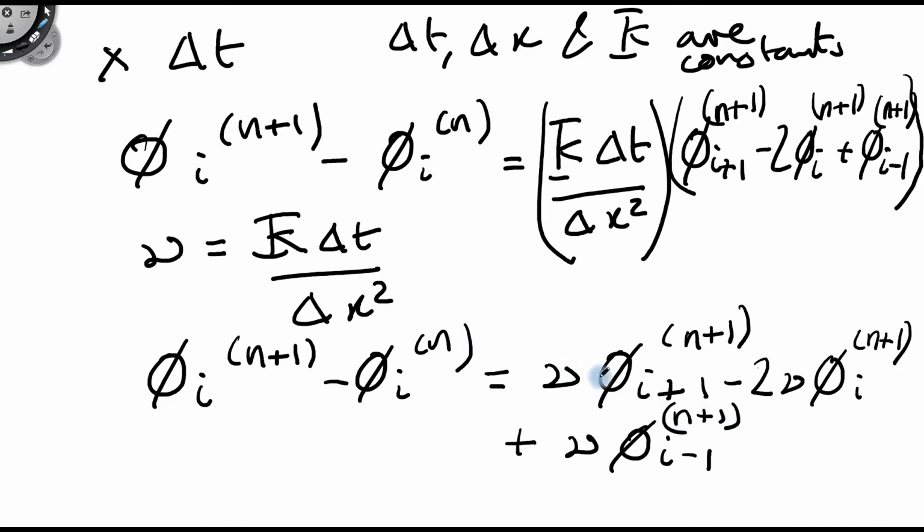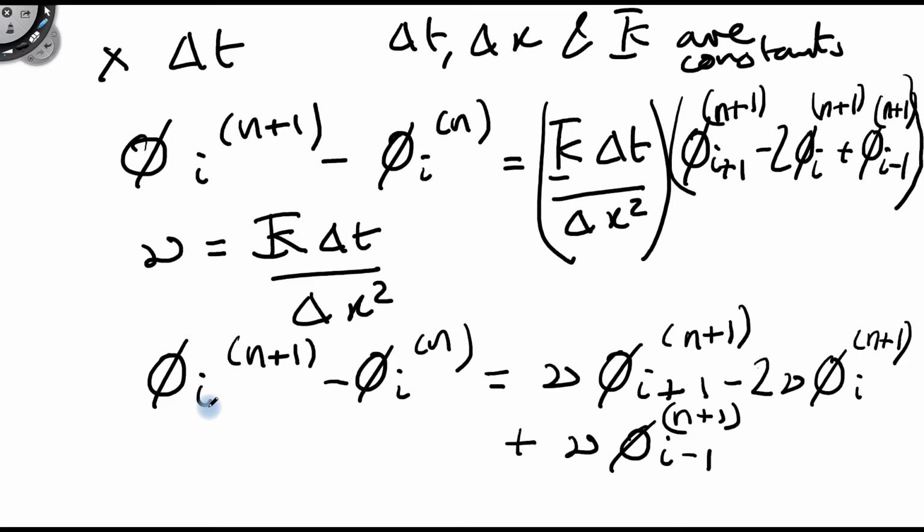So that's really helpful. Nu just makes the algebra a little bit easier, and we can see that we can bundle together n plus 1 terms and n terms. We can bring the n terms onto the right hand side, there's just phi I at n there, and then we can bring all the phi I at n plus 1 terms over to the left hand side.